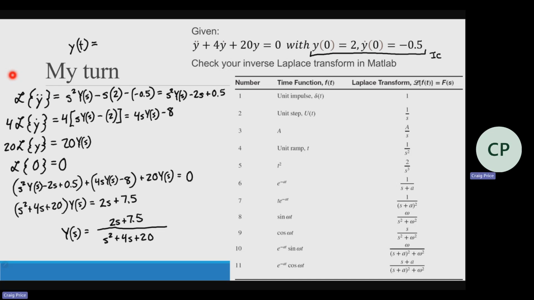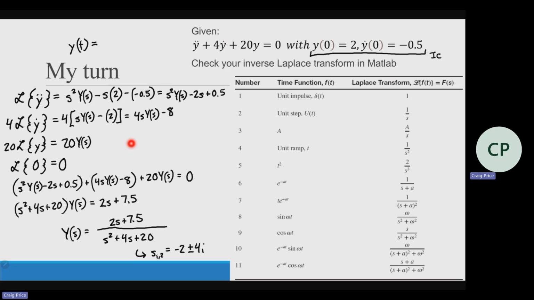Yeah, let's find those roots. So the roots here, we have S1 and 2. You already found it? Wow, nice. Negative 2 plus or minus 4i. So just like most of our underdamped systems, we're going to have complex roots.